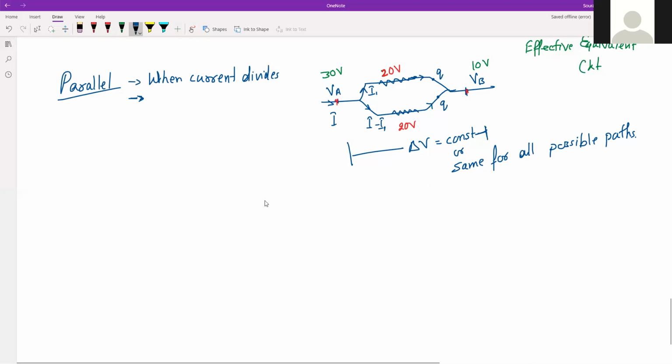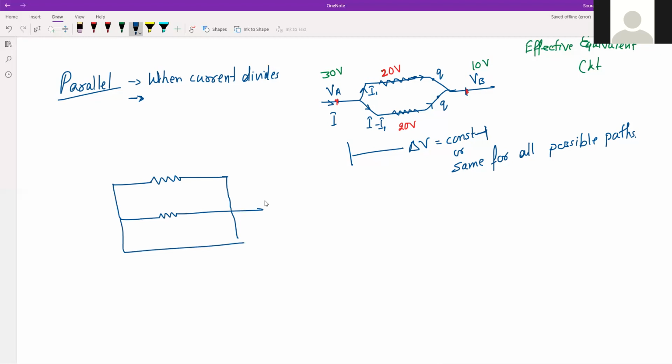Now based on this, we can solve some very basic problem first to see whether we understood or not. Suppose from here the current coming is 10 ampere. This is 2 ohms.